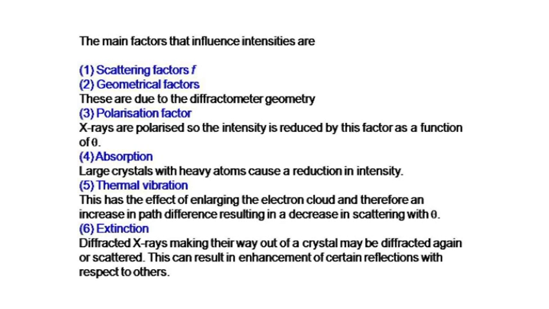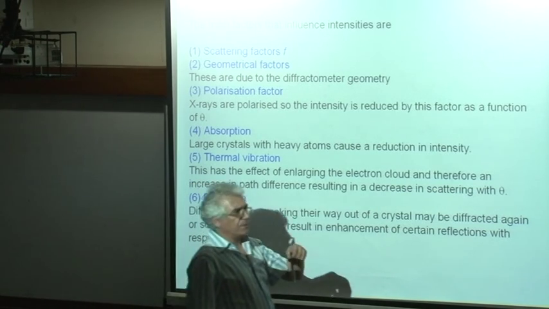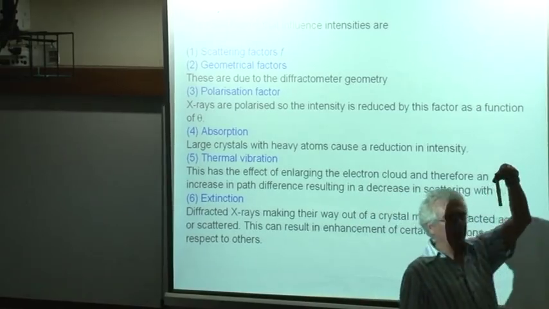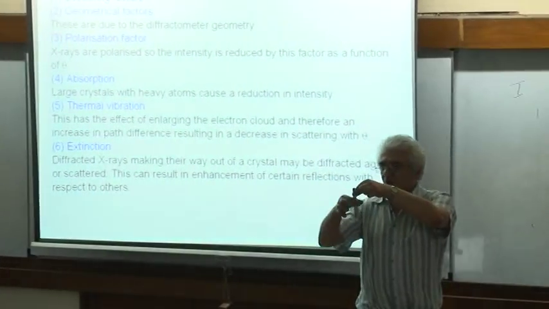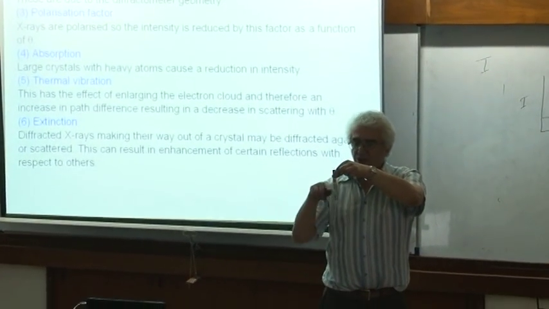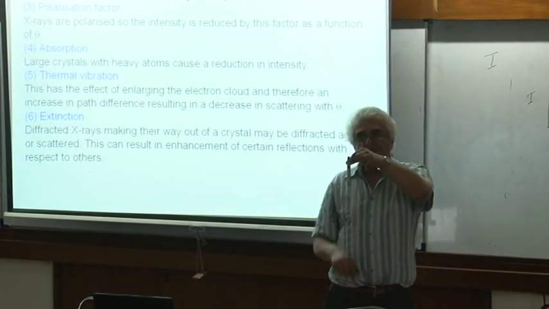So what are the main things that influence your intensity? You have the scattering factor F, which we've already described. There are also various geometrical factors. This depends on the geometry of the diffractometer. If you remember Debye-Scherrer's original experiment, that was just a Lindemann tube, a tube filled with your sample, and you had X-rays coming through that.